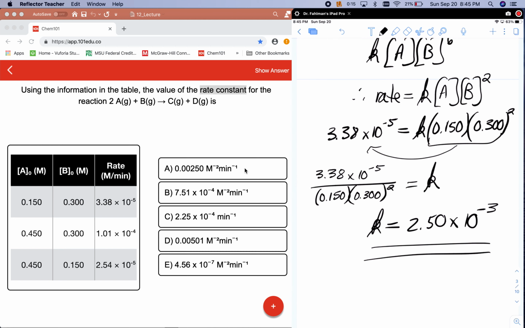Now, with respect to the unit, we're going to talk about this a little later today. But the unit of the rate constant depends on what the order of the reaction is.